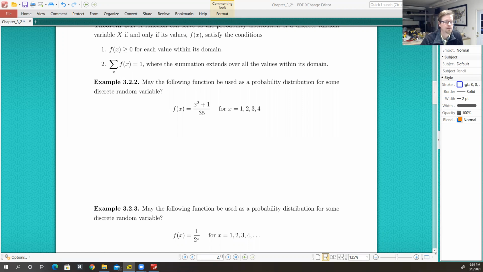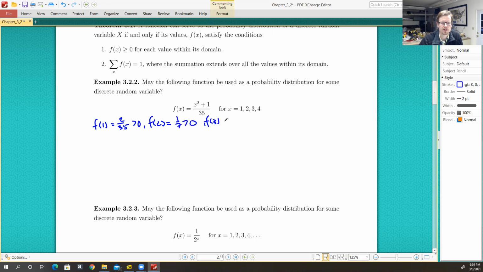All right. So f of 1 is equal to 1 squared plus 1 is 2, so it's 2/35. F of 2 is equal to, and of course, what we want to notice is that it is greater than 0. F of 2 is equal to 2 squared plus 1 is 5. 5 divided by 35 is 1/7, which is greater than 0.